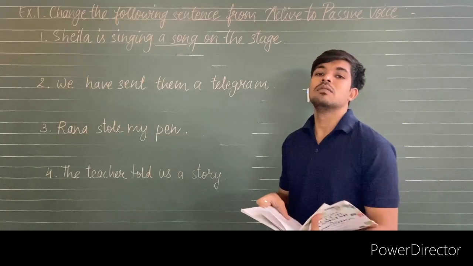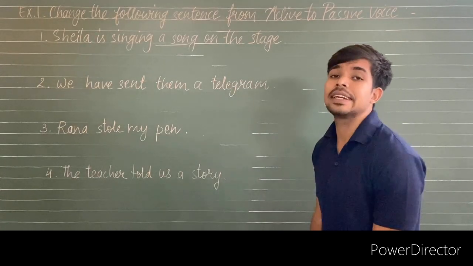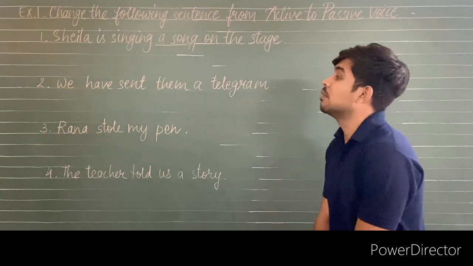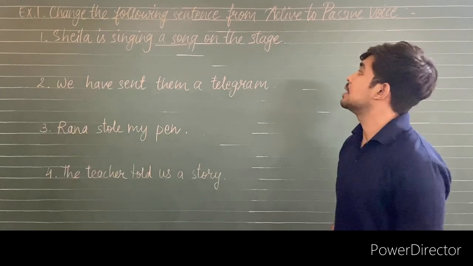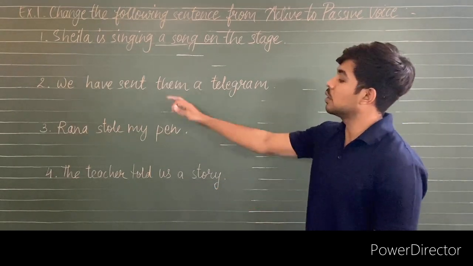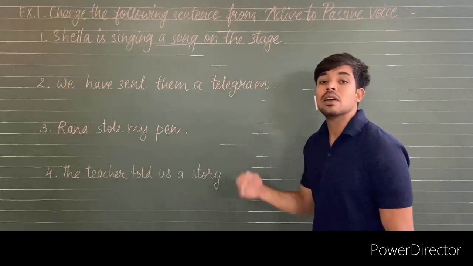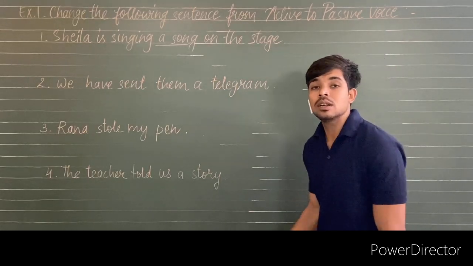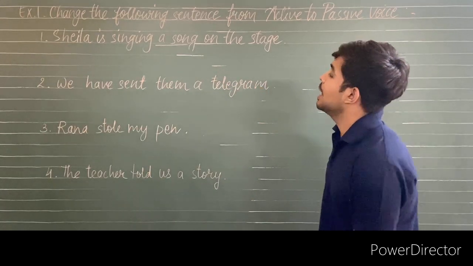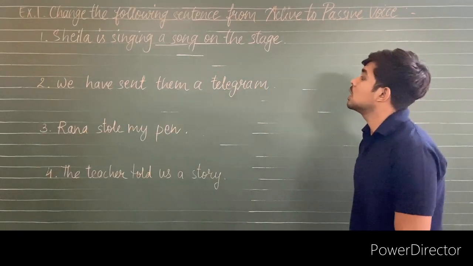So now we will solve our exercise related to our chapter, active and passive voice. Exercise number 1. Change the following sentences from active to passive voice. Here 4 different sentences are given to us. We have to convert these sentences into the passive voice. So we'll look at the first sentence. "Shaila is singing a song on the stage."